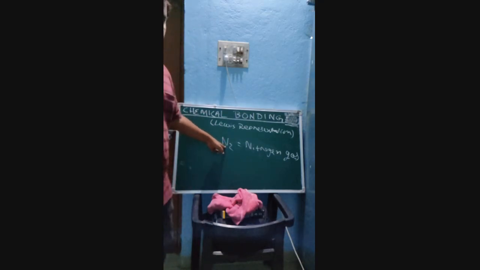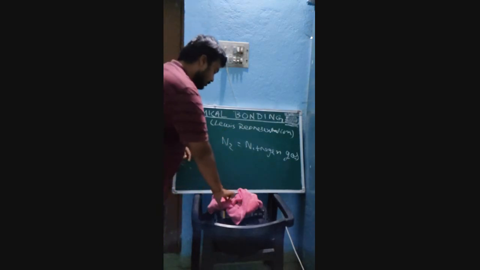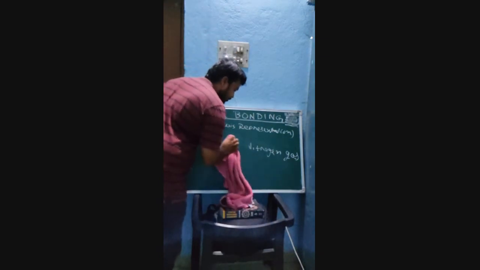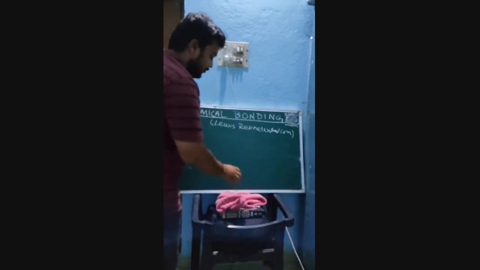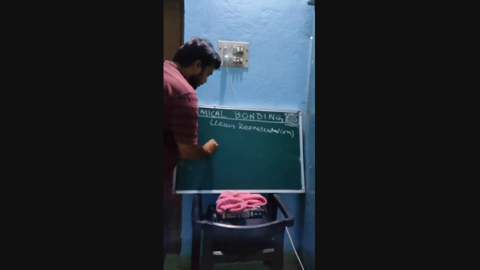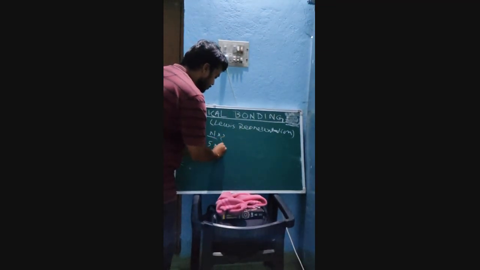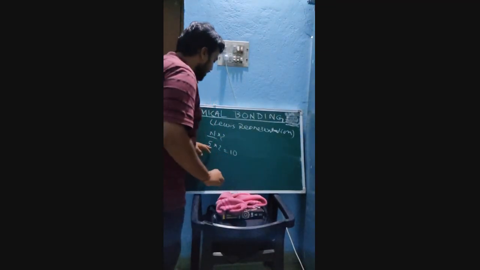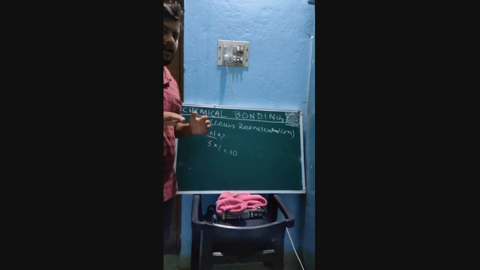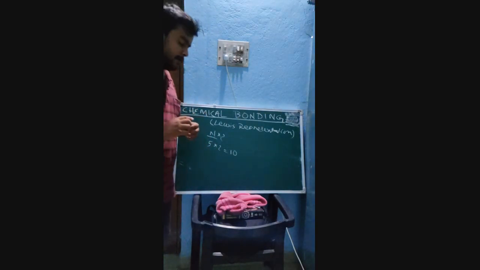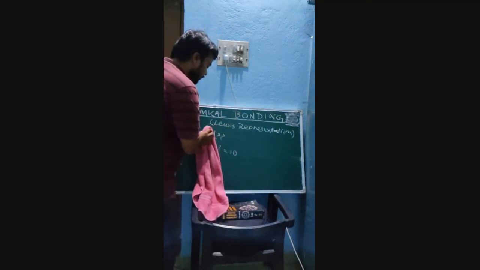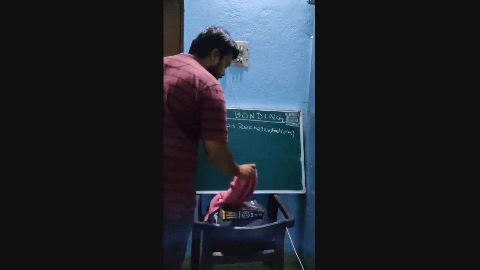So here there is no second kind of atom, but there are 2 similar atoms combining to form a molecule. So in this case, first we have to calculate the number of valence electrons. Valence electrons are 5 for nitrogen and there are 2 nitrogens, so the number of valence electrons is 10, meaning there are 10 electrons that are ready for pairing or for forming a chemical bond.